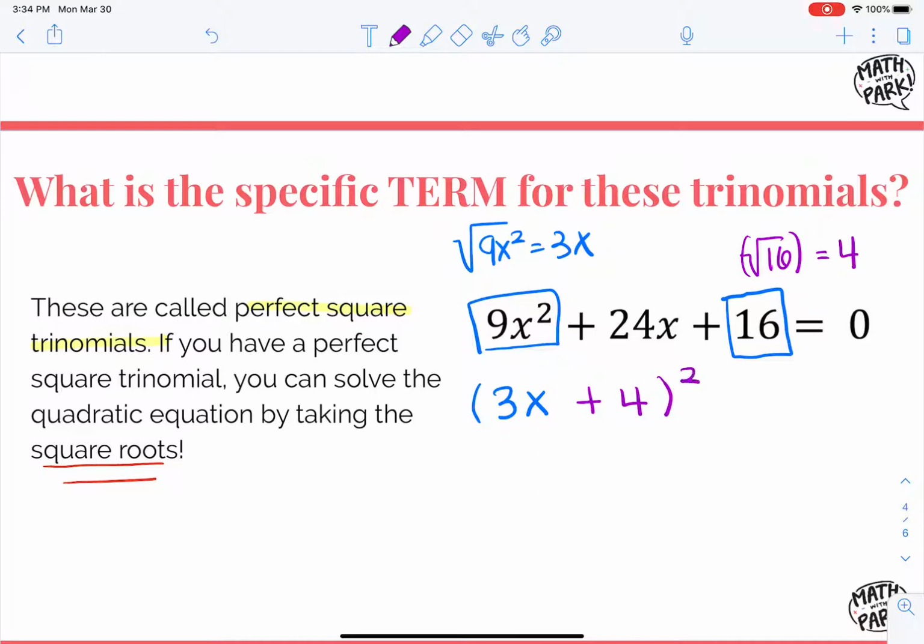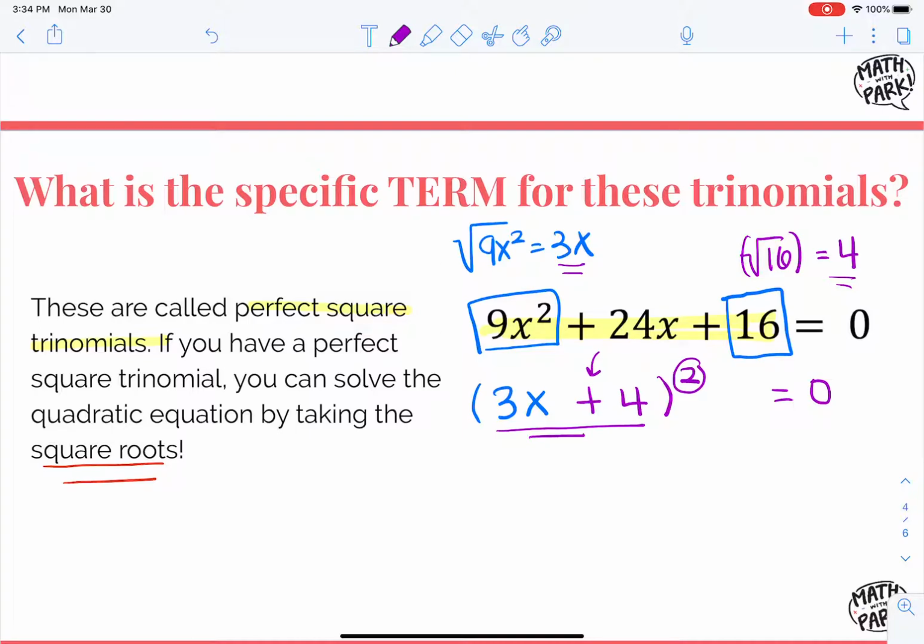And because they're both perfect squares, we could change this factor, 9x squared plus 24x plus 16, to 3x plus 4, and because they're both perfect squares, it would be squared.